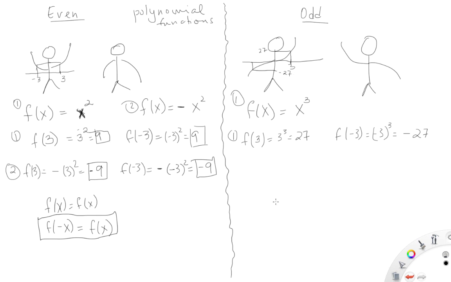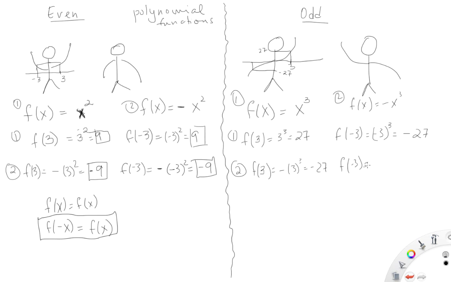Okay, and it's the same if I have f of x equals negative x to the third power. That's a different type of function. In this case, if I put in 3, I get minus 3 to the third power, which is negative 27.